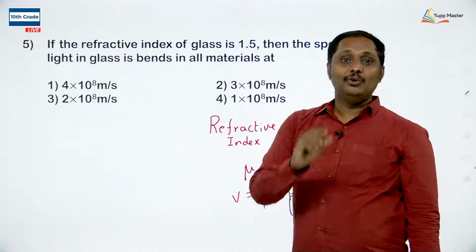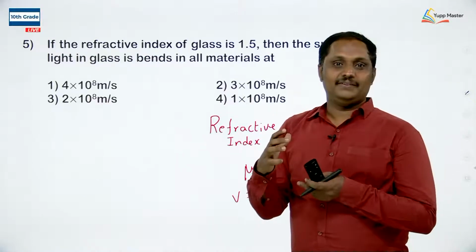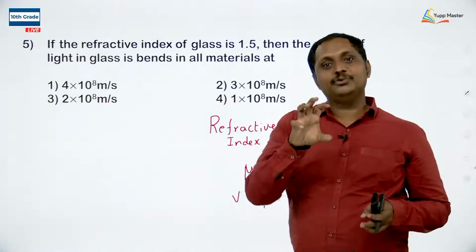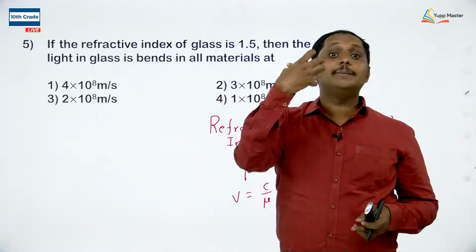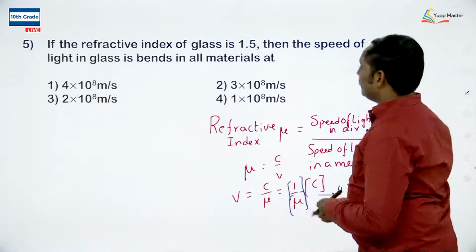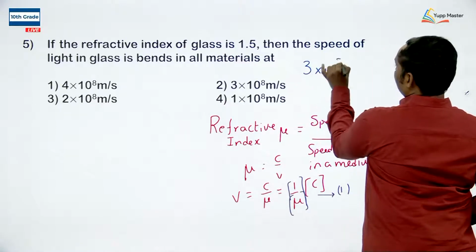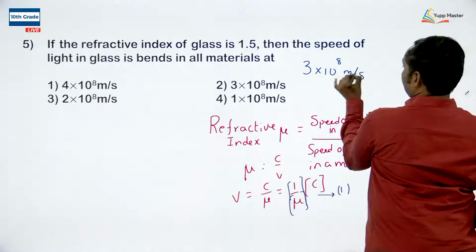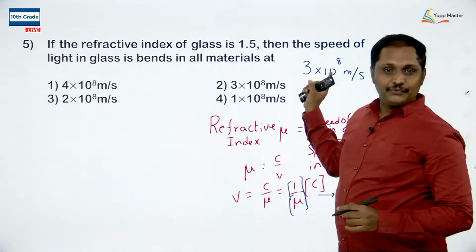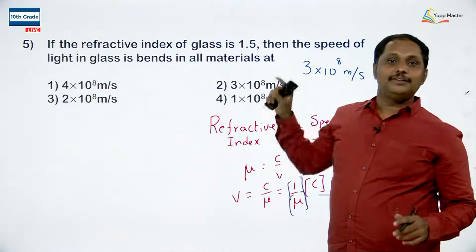So, simply, the refractive index signifies how many times the light speed is reduced. The maximum speed of light is 3 into 10 to the power of 8 meters per second. This is the maximum speed. If you take light in vacuum, it travels with this speed.